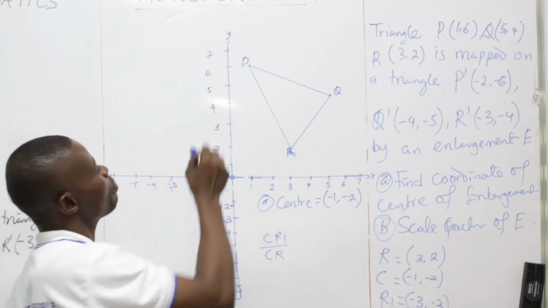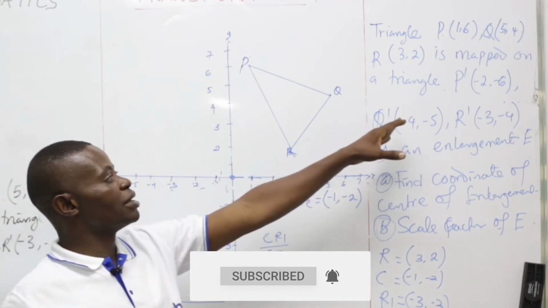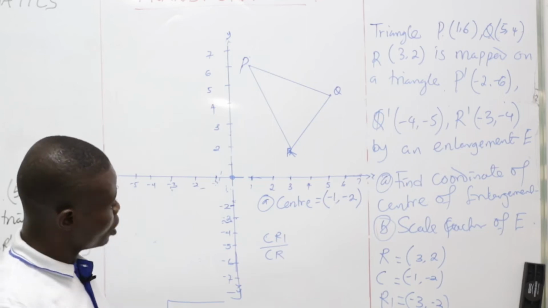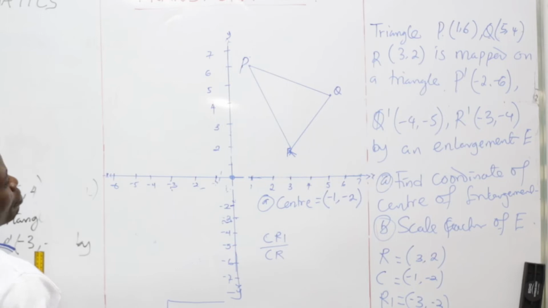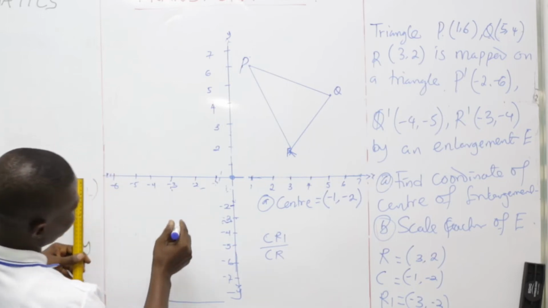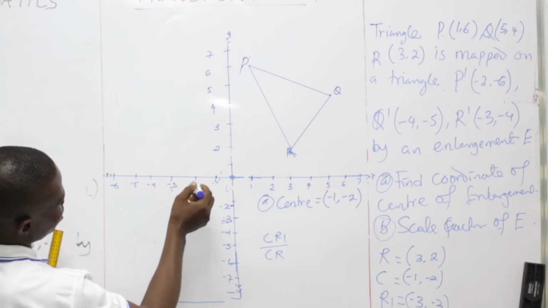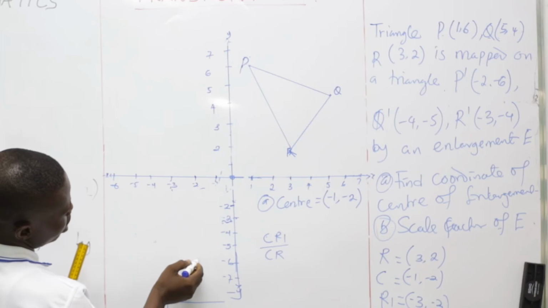That is P prime, Q prime, and R prime, and the values are given to us as well. P prime is minus 2, minus 6: x-axis minus 2, y-axis minus 6.